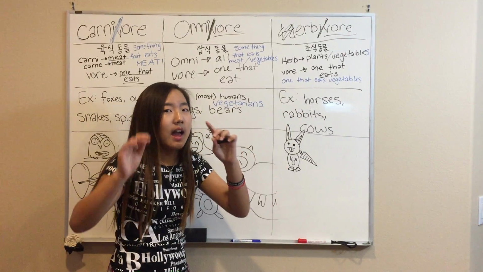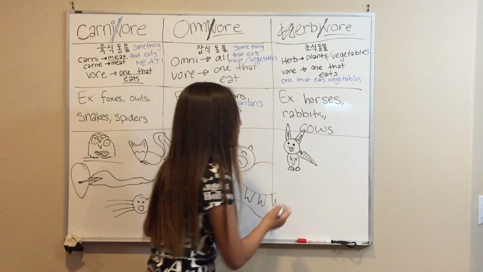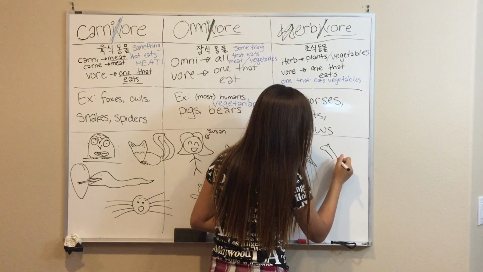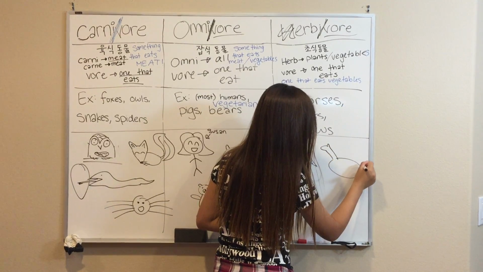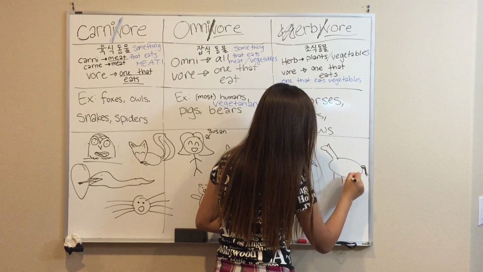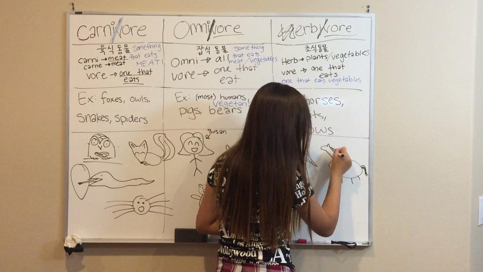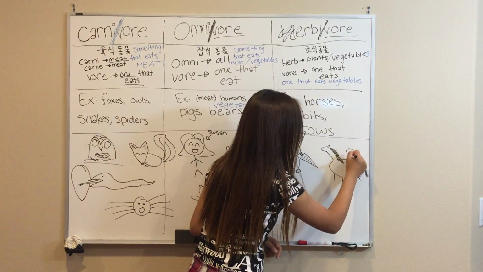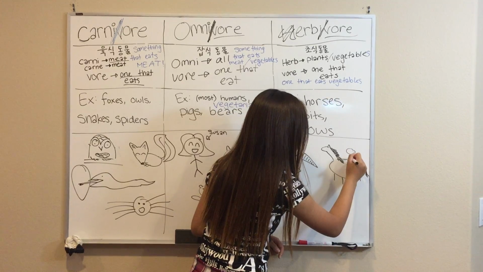And horses. I am terrible at drawing horses. Please do not judge me because of this. This is like my worst animal. And then it has the mane. It's the one where someone usually rides on its back.